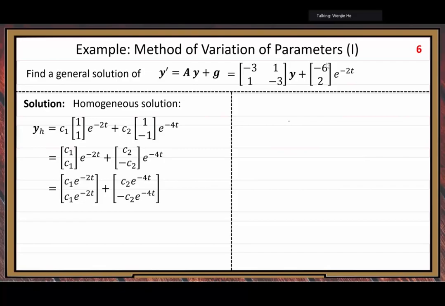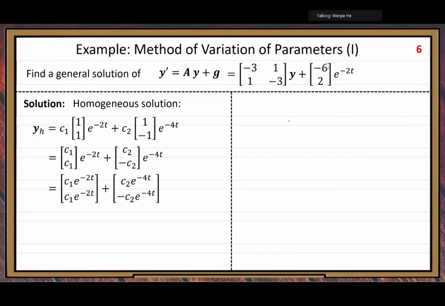Then, how do we do that variation part? Change the constant coefficient to a variation object. That's a function, a function to be determined. That's the variation thing.